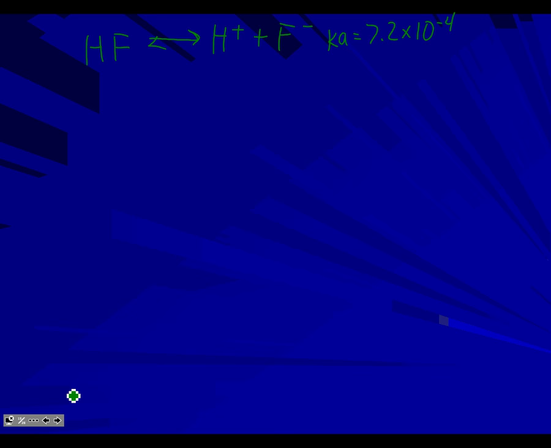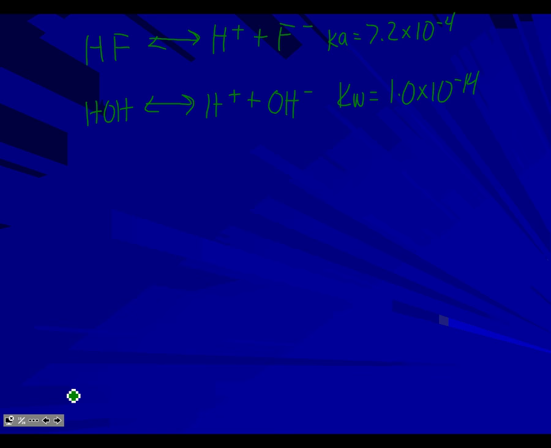And remember, we not only have this happening here, but as always, we have the water as well, and it's undergoing its autoionization process. And in this particular case, if you want to, you can actually compare the Ka and the Kw together.